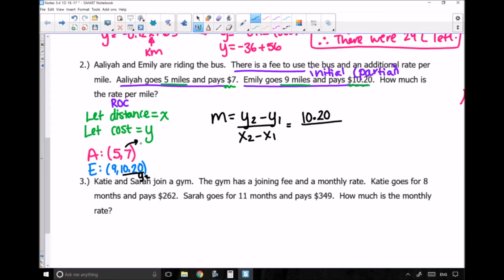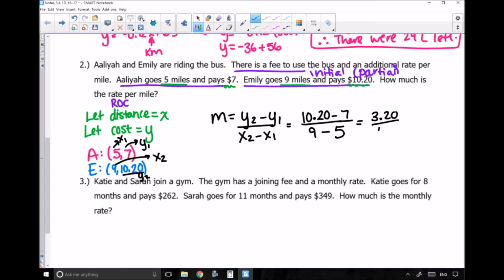My first y value is 7, so $10.20 minus 7. This 9 is my second x value, so I'll say 9 minus, this 5 is my first x value, so 9 minus 5. Okay, so let's go ahead and do our subtraction. So 10.20 minus 7 is $3.20.